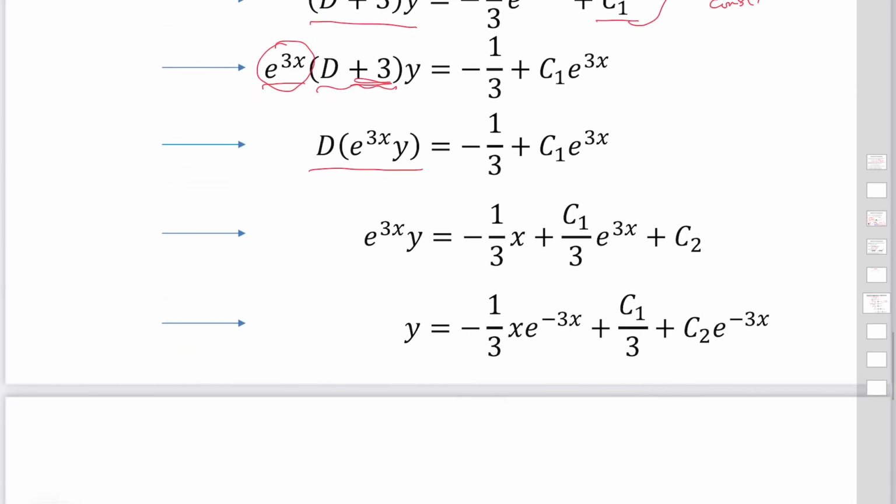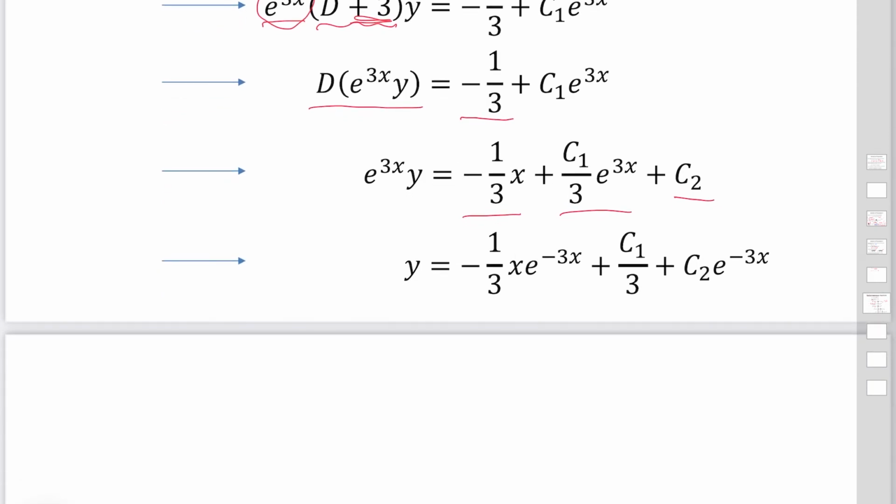Then integrate both sides of the equation. The integral of minus 1 over 3 becomes minus 1 over 3 x. The integral of c sub 1 e to the 3x becomes c sub 1 over 3 e to the 3x, and another integration constant. Then dividing by e to the 3x on both sides of the equation, we have the general solution of the differential equation.